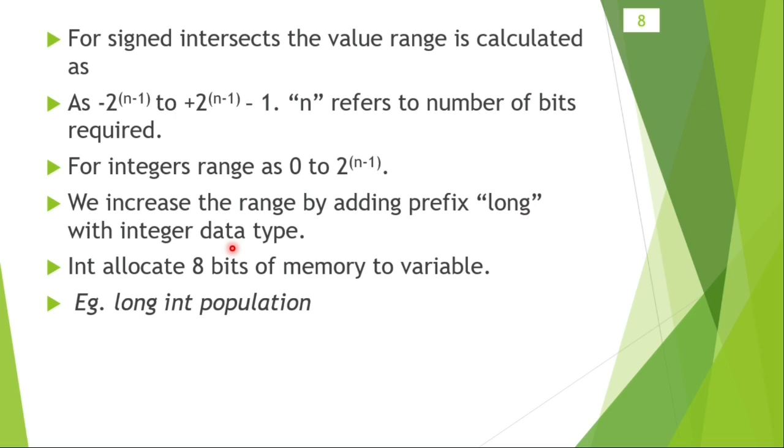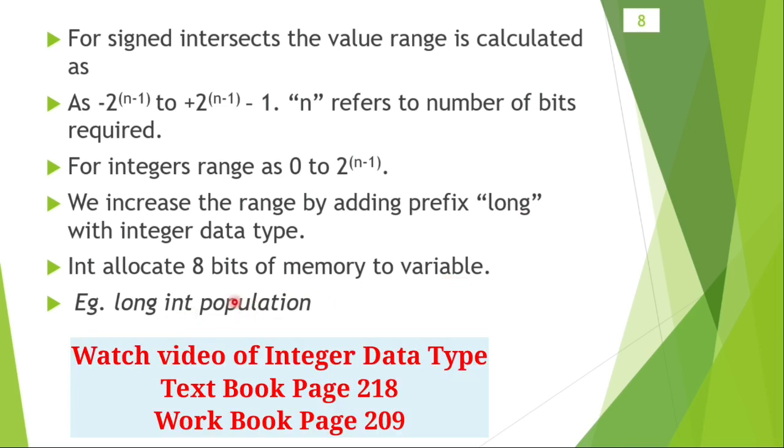Just look at it. Int allocates a fixed amount of memory to the variable. A population is so large, in crores, millions and trillions, that it is not supported by int. So we use the prefix before int: long int, and our identifier is population.